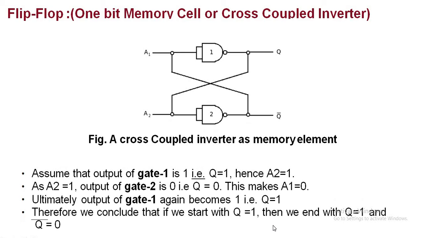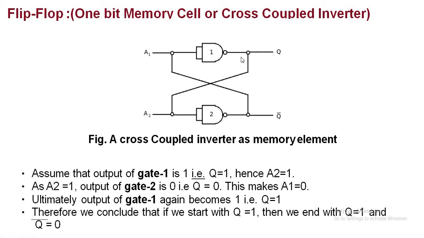Now we will see the working. Assume that output of gate 1 is 1. Hence, A2 is also 1. As A2 is 1, output of NAND gate 2 is 0. Then A1 is 0.